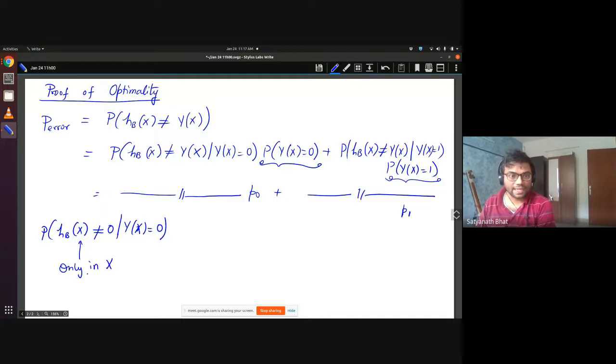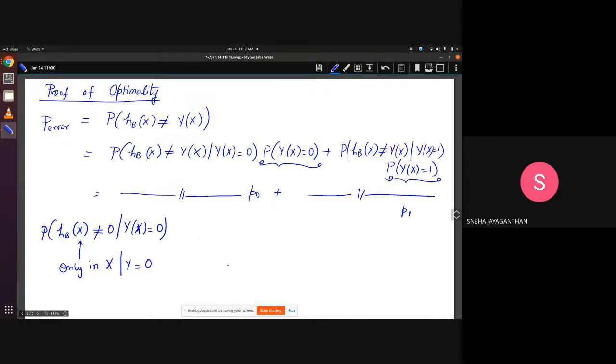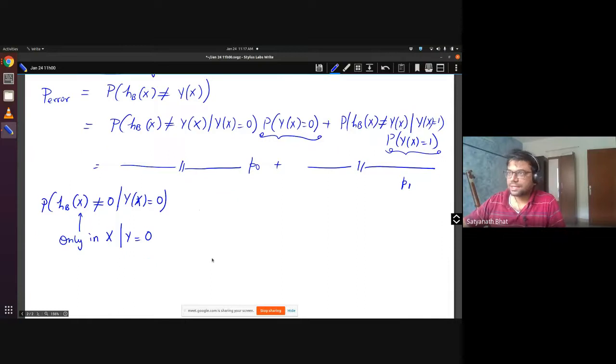In fact, that X is residing in the world where Y is equal to 0. I am only interested in X, but not just any X. I am only interested in X where Y is equal to 0. And if I say this, what is the law that is governing this? What do I know about X given Y? What is that called? The conditional density. Yes, that is the conditional density.